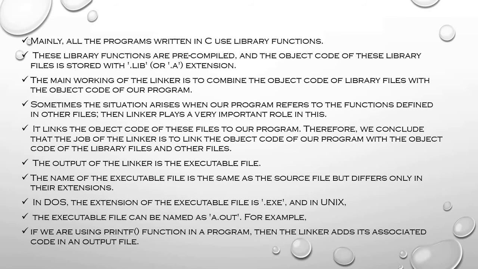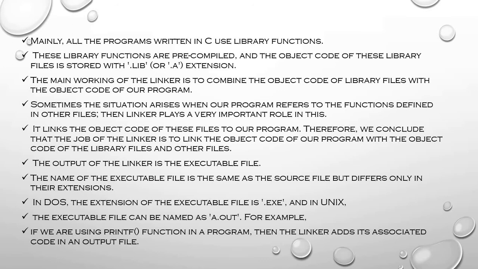And the output of the linker is an executable file which we can see on the screen. The name of the executable file is the same as the source file, but it differs in the extension. In DOS, the extension for the executable file is .exe, and in Unix it is .out.